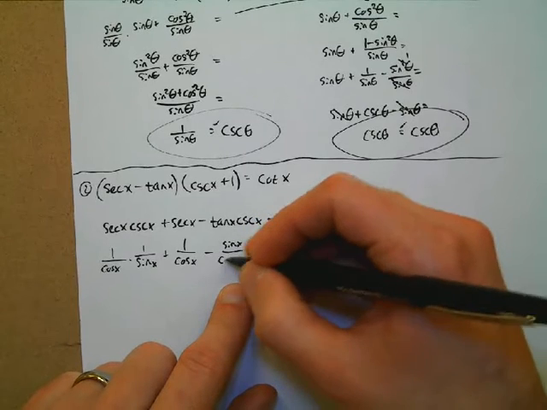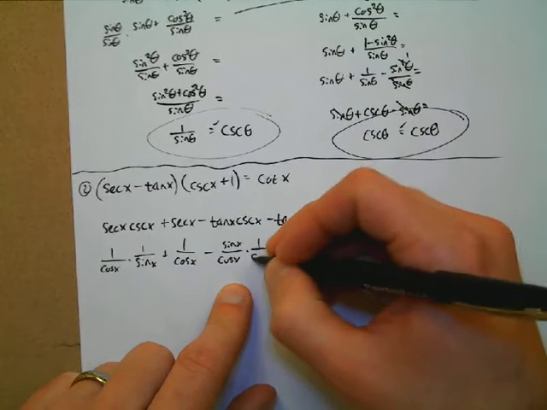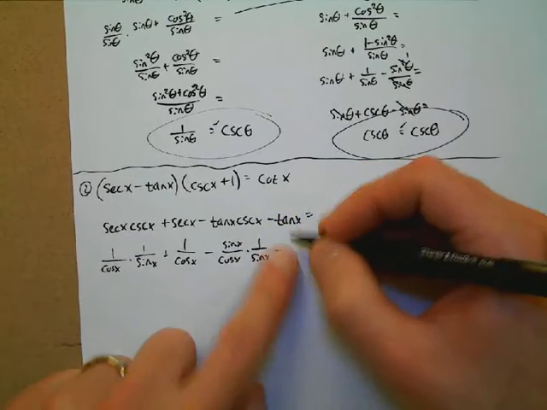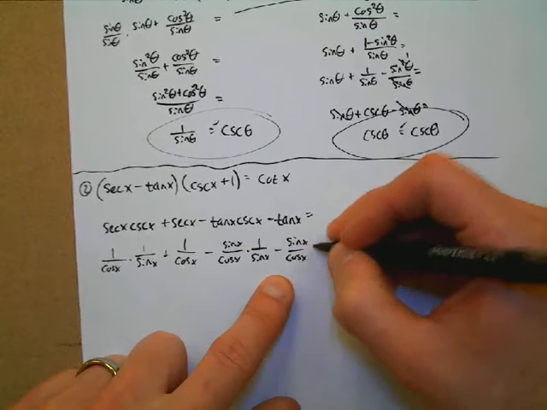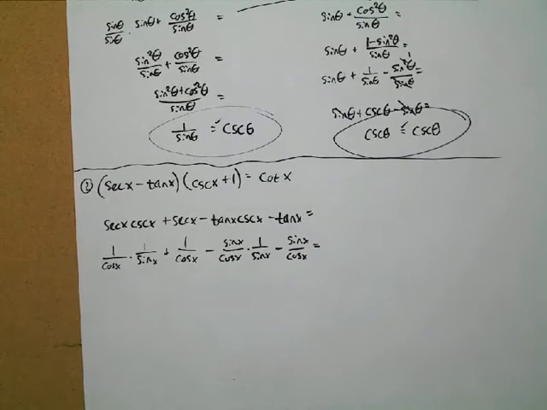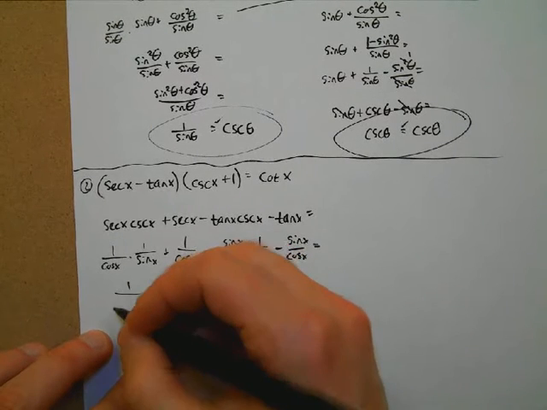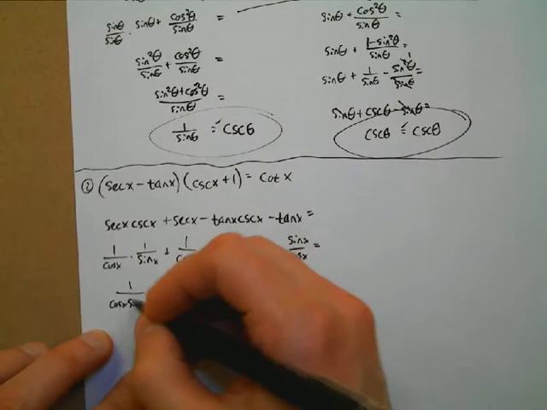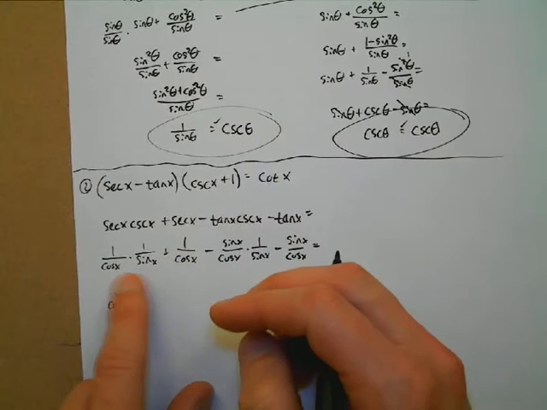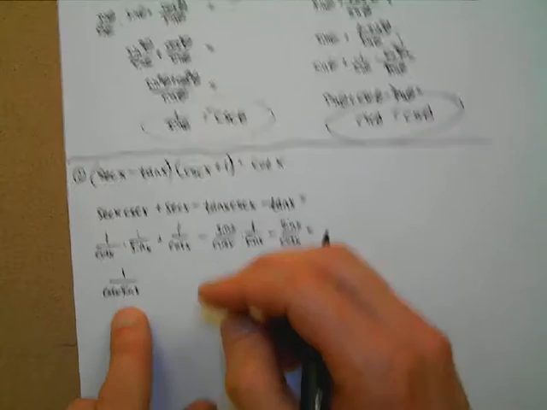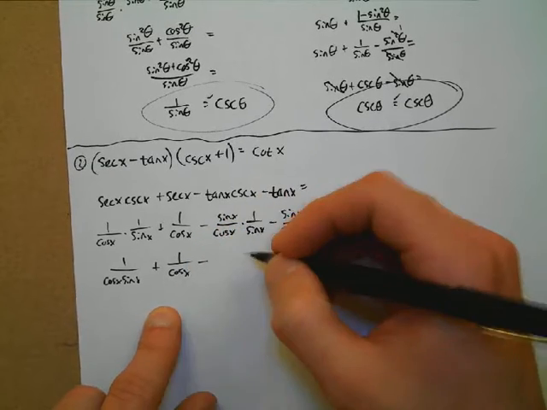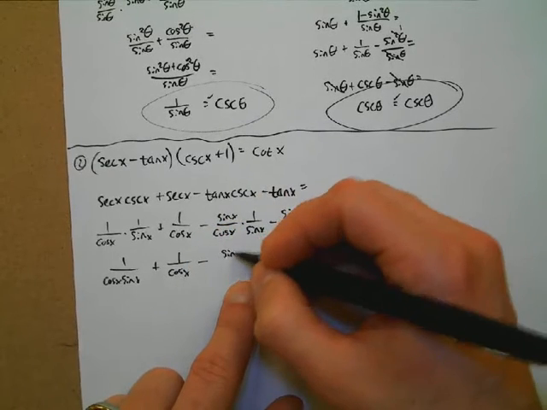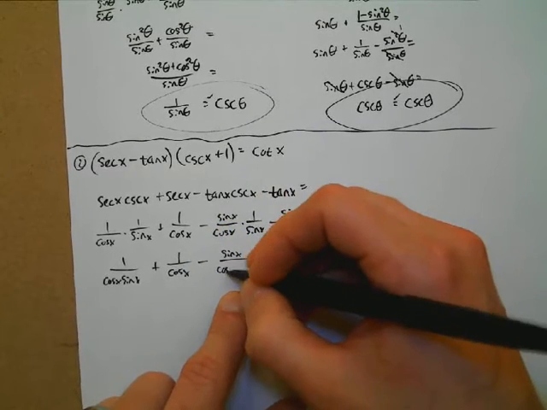Okay, or in other words, 1 over cosine x sine x, or if I just multiply these two fractions together, it's cosine x sine x in the denominator, plus 1 over cosine x minus sine x over cosine x sine x minus sine x over cosine x. Okay, so all I did there was multiply these two things together to get that, and these two things together to get that.